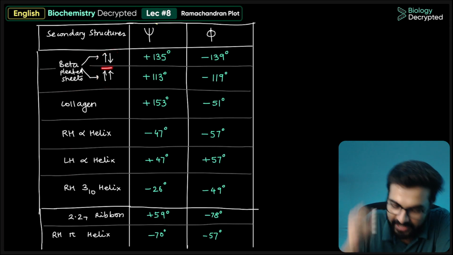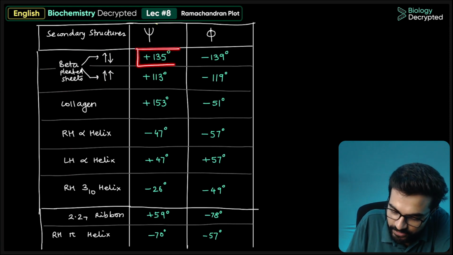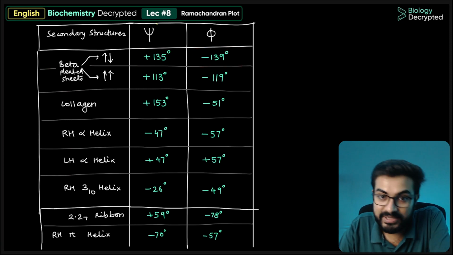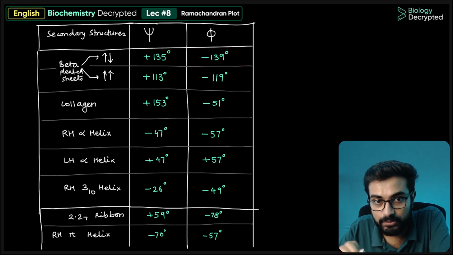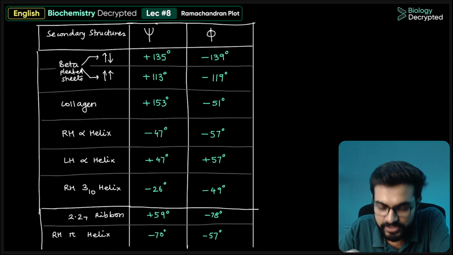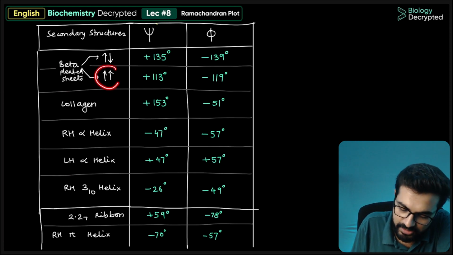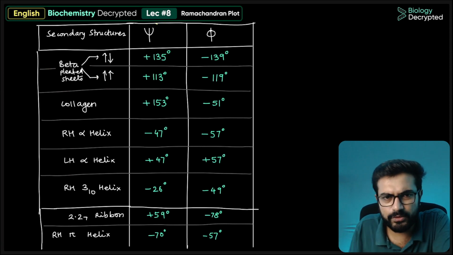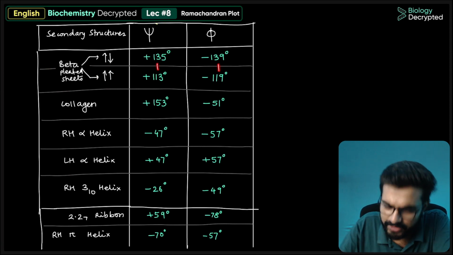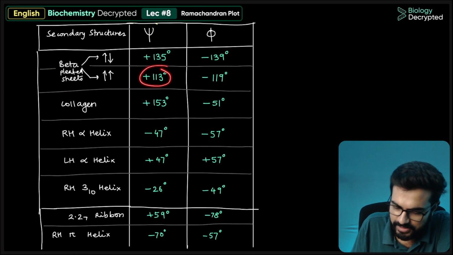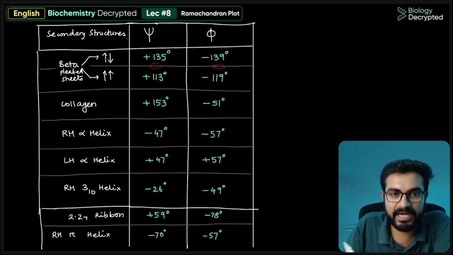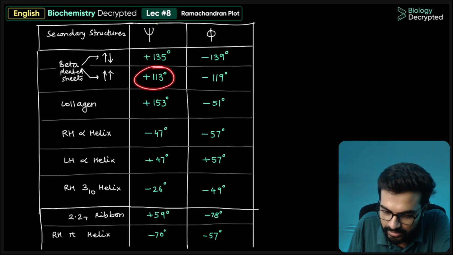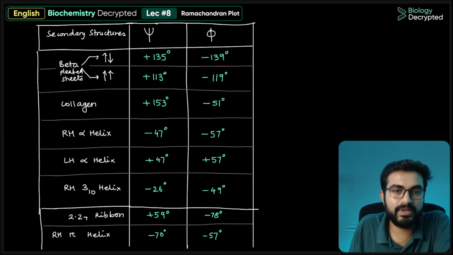For anti-parallel, you will have psi value as plus 135 degree, phi value as minus 139 degree. It's almost similar, almost in the range. One is positive, one is negative. Then for parallel beta sheets, it's slightly lower, like 20 or 22 lower. So you subtract 20 here, add 20 here, and you get plus 113 degree here, minus 119 degree here.